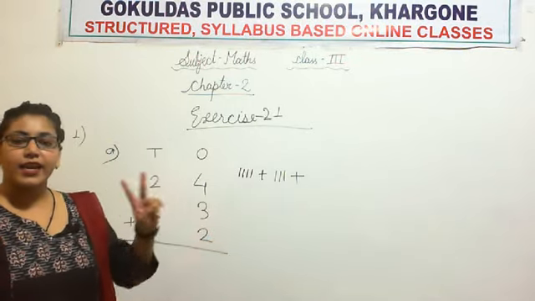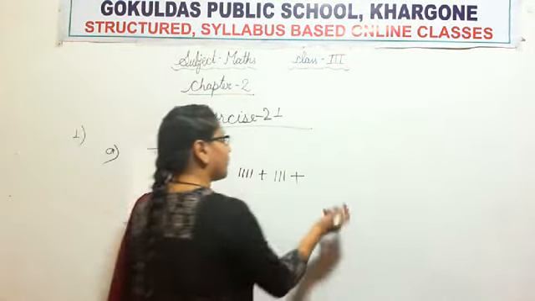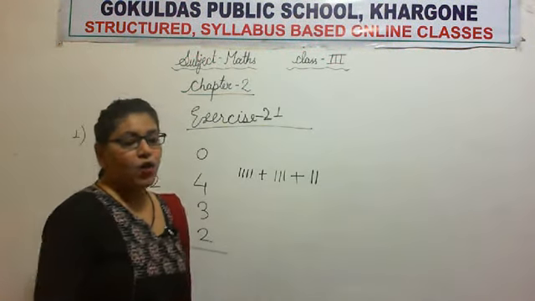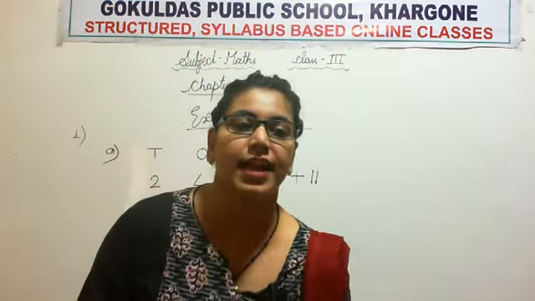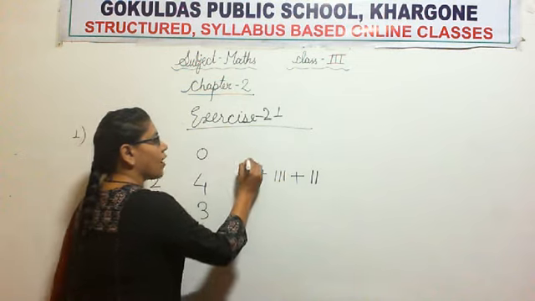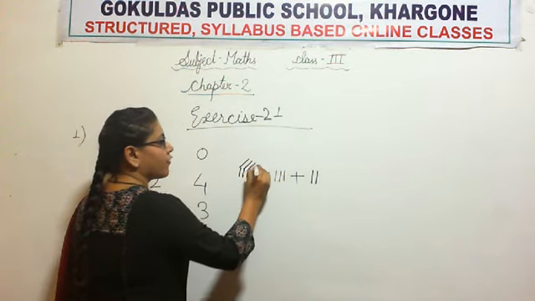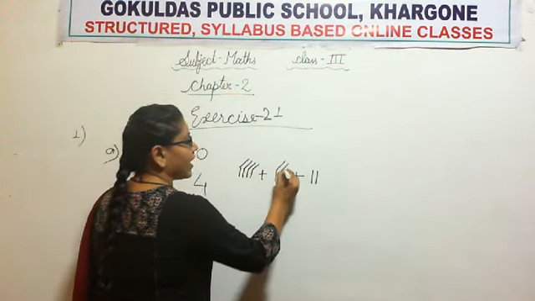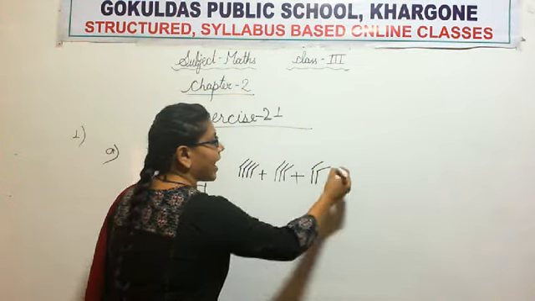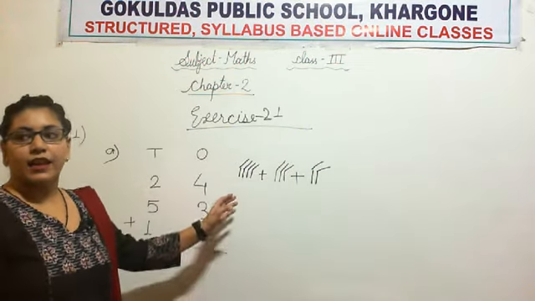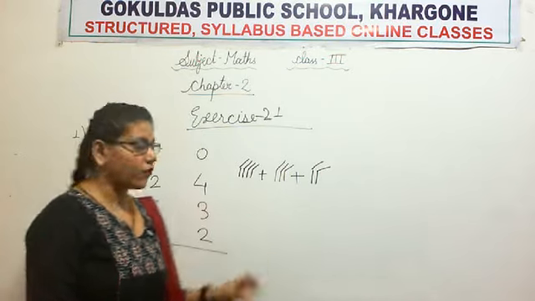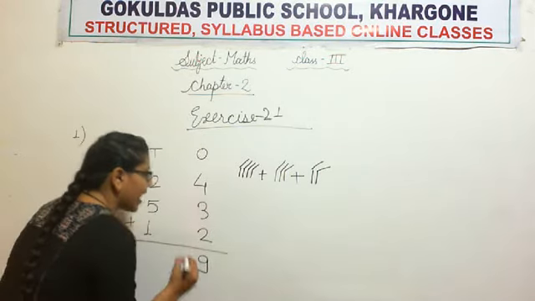What is written here is 2. So we will draw 2 sticks. Now let's count how many sticks are there. 1, 2, 3, 4, 5, 6, 7, 8 and 9. The answer is 9. We are having 9 sticks. So we will write number 9.